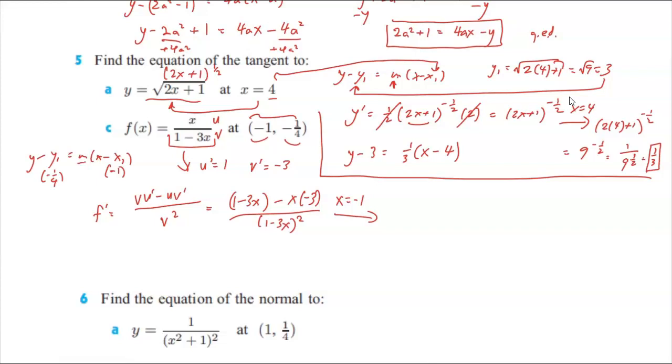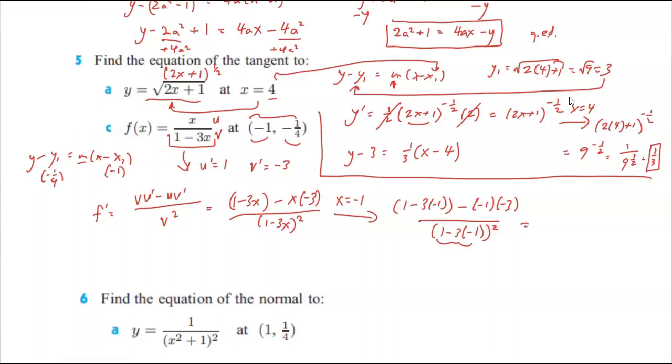Okay, so we put in negative 1 here, so it would be negative 3 times negative 1 minus x not, minus negative 1 times negative 3 over 1 minus 3 times negative 1 squared. So 1 minus 3 times negative 1 is 1 plus 3, right, which is 4.